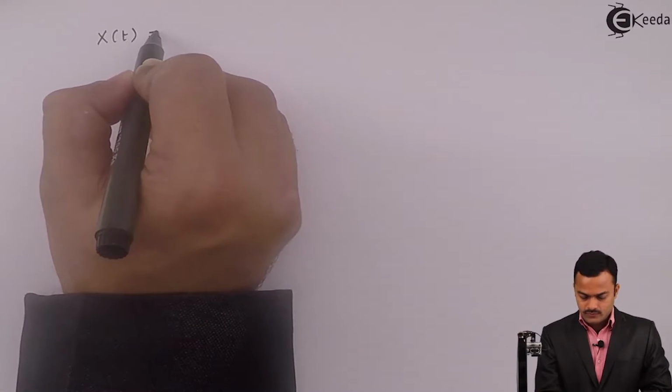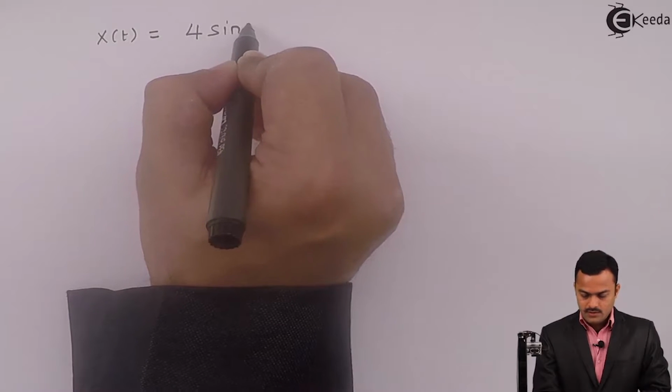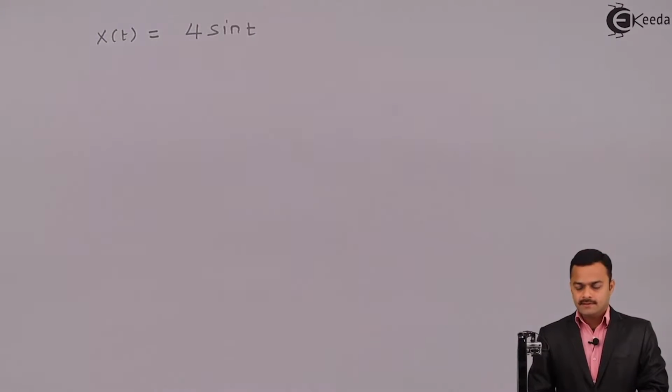We are going to see a problem whose energy and power we need to calculate in order to decide what type of signal it is. In this exercise we are going to apply it to a continuous time trigonometric function. Signal x of t equal to 4 sin t.